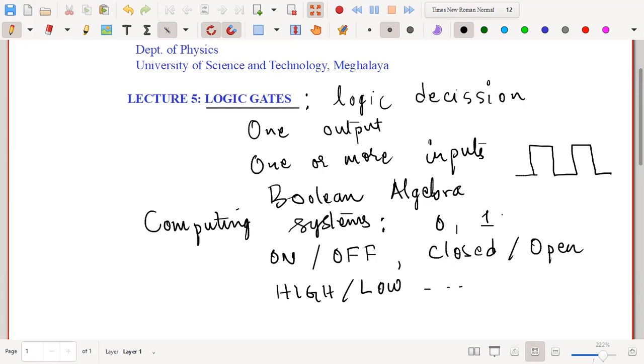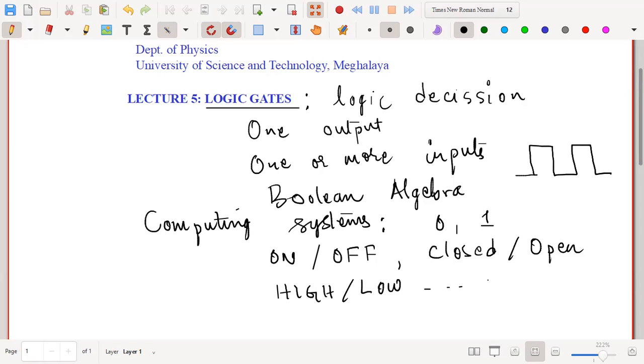I'll talk about the details of positive logic and negative logic later. Anyway, they are used to represent two possible states, either 0 or 1, and they can be represented as on and off state, closed and open state, high and low states, or true or false states.